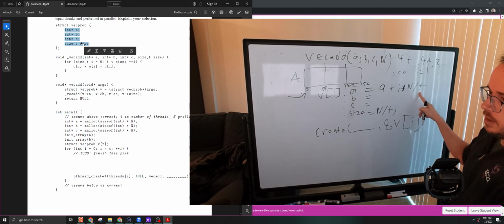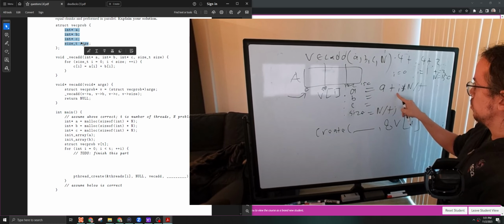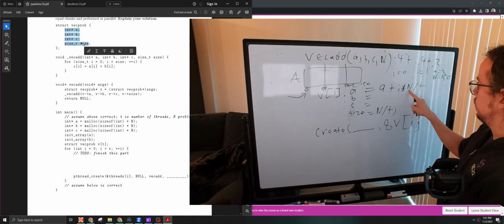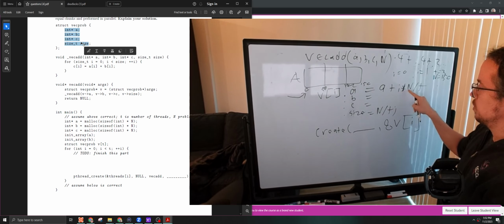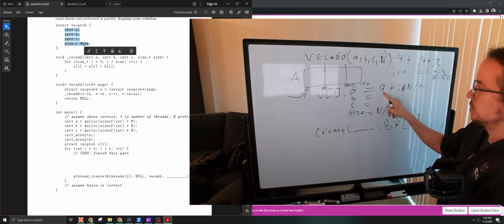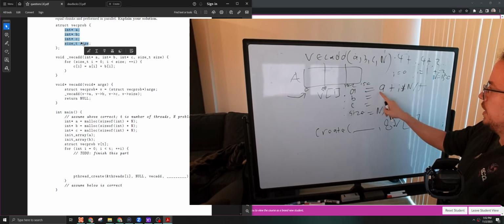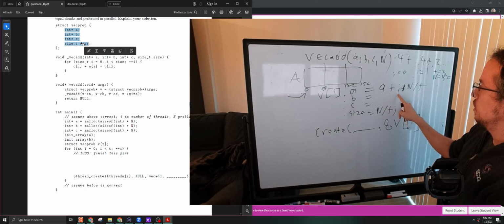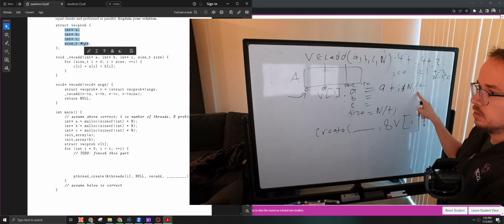Let's say the total number of t equals 3. Let's say n equals 150, like we discussed. That means a plus 0 times 150 divided by 3 is 50. A plus 0 times 50 is 0, so it's just a. When I equals 1, it's a plus 1 times 50, or 150 over 3.